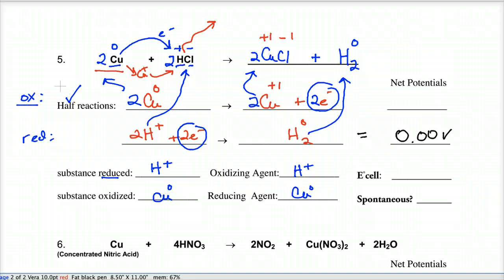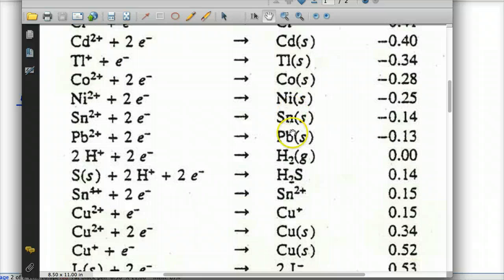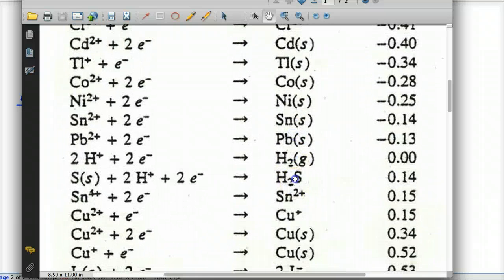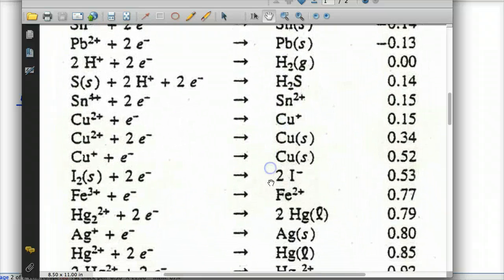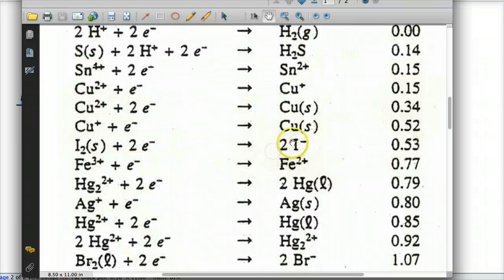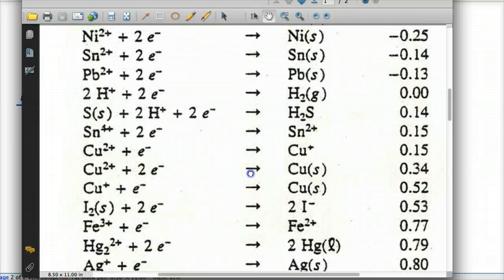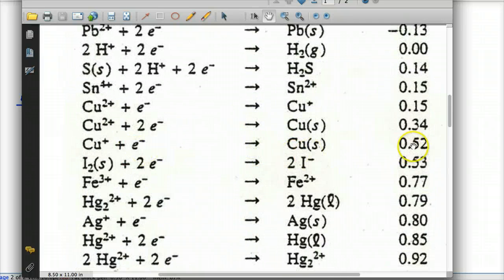So I go to my net potential table, and copper oxidizing, what does it do? Let's go in reverse. Now this is oxidizing to copper +1. So wait a minute, it's a reduction table as written, so oxidation is in the reverse.